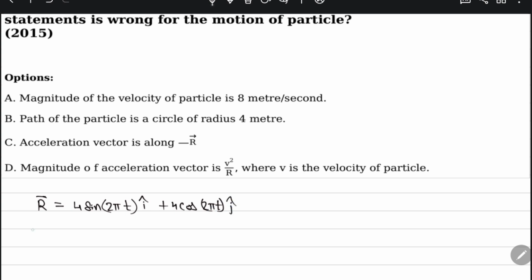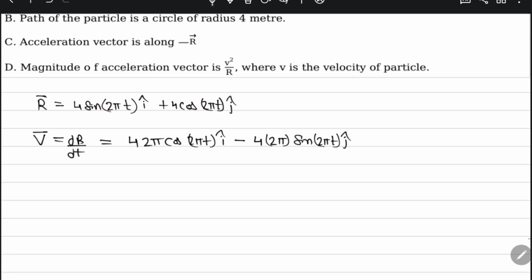Magnitude of the velocity. First you have to find velocity. So what do you do? Differentiation with respect to time, right? So 4 becomes 2 pi cos 2 pi t i cap. Here cos becomes minus sine, so a negative comes, 2 pi sine 2 pi t j cap.